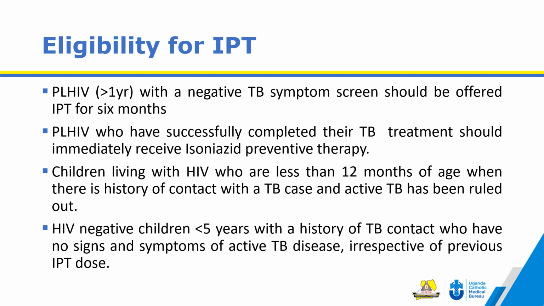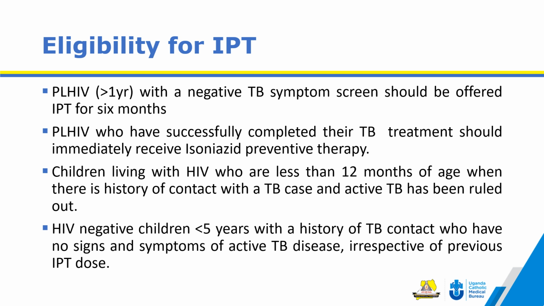Then for children who are living with HIV but less than a year, they should have had a history of contact with someone with active TB. And additionally, they should be without any signs and symptoms; they should have a negative symptom screen.